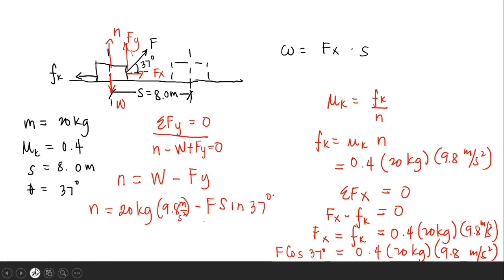Therefore, summation, okay, this one is Fx. What is the value of your Fk? Mu k times the normal, and minus F sine 37 degrees.